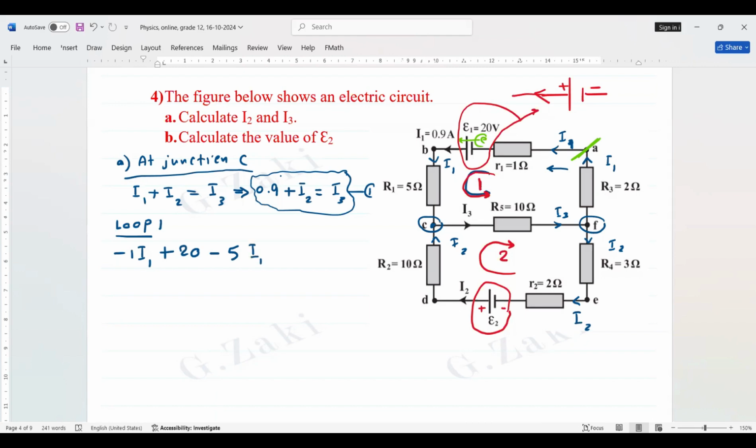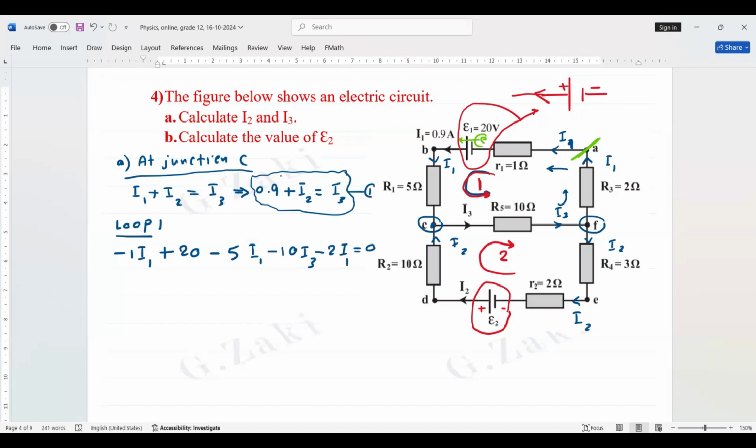Now, down, the current is I3, the same direction as the loop, and the resistor is 10, so negative 10 I3. The current is I1, the resistance is 2, the same direction, so negative 2 I1. Take care, you have to concentrate. Equals 0.